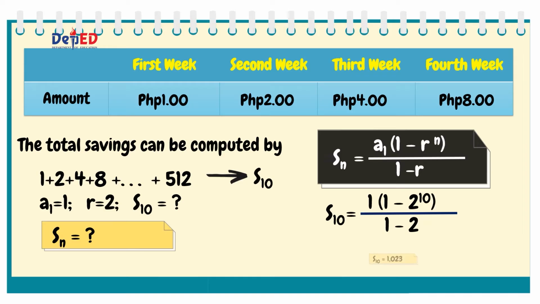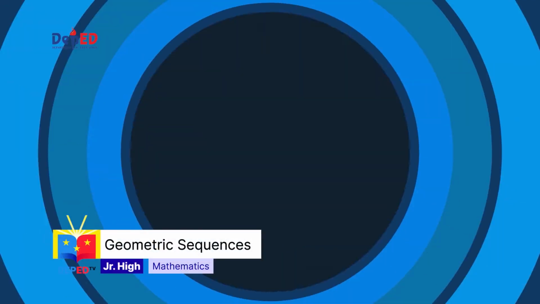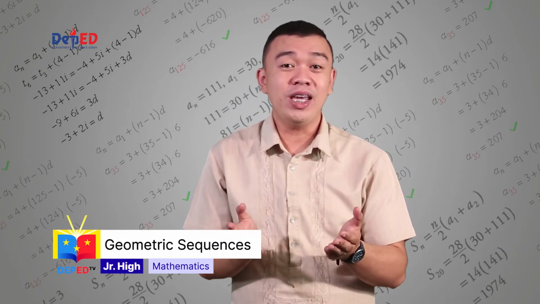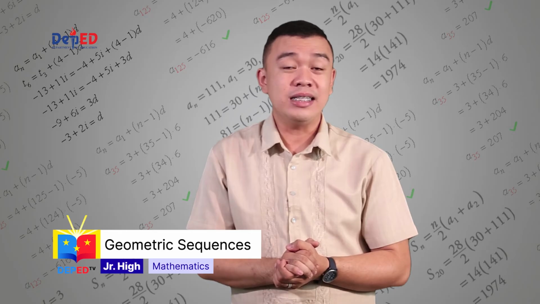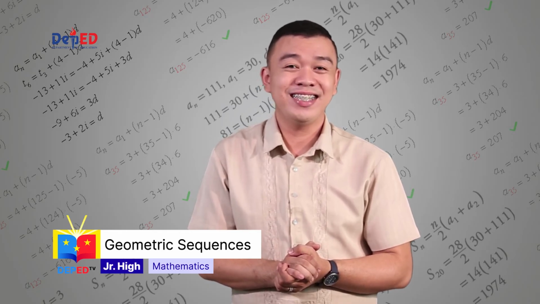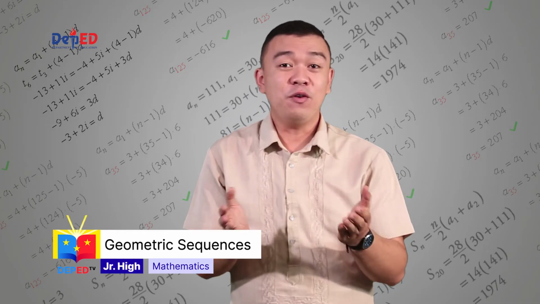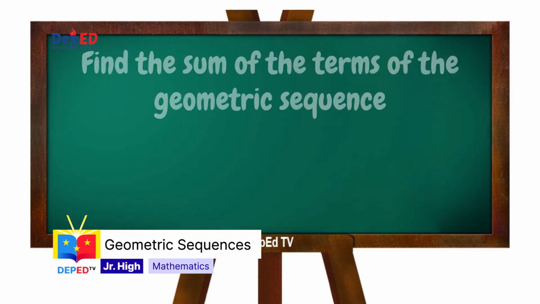S sub 10 is equal now to 1,023. Thus, after 10 weeks, Joey can save 1,023 pesos. Moving forward to the next task.